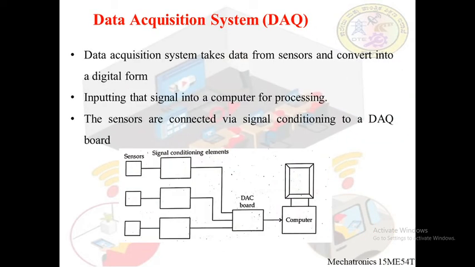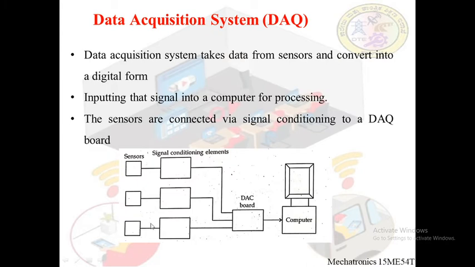So next is data acquisition systems. Data acquisition systems, as the name itself indicates, take data from sensors and convert it into digital form. The data acquisition system inputs the signal into a computer for processing. The sensors are connected via signal conditioning to the DAQ board, that is the data acquisition board.